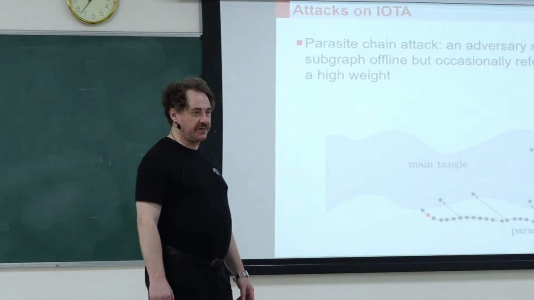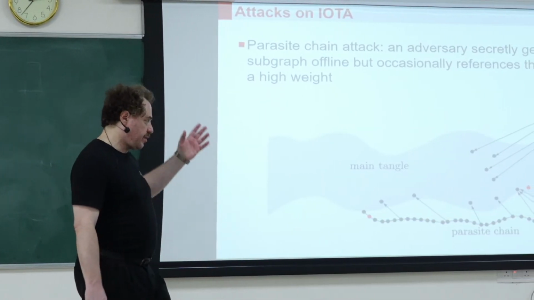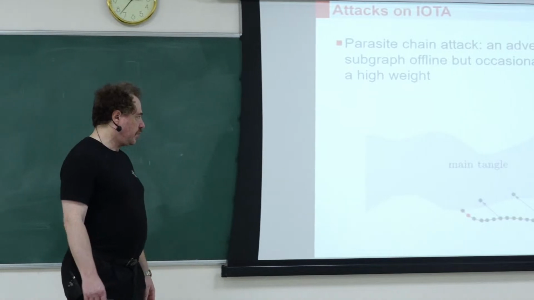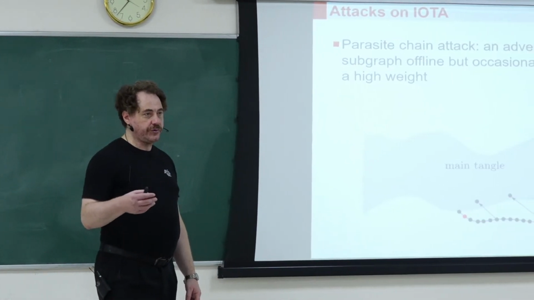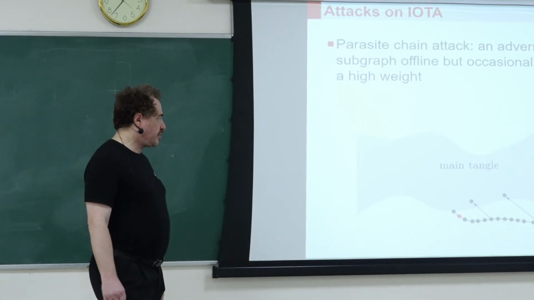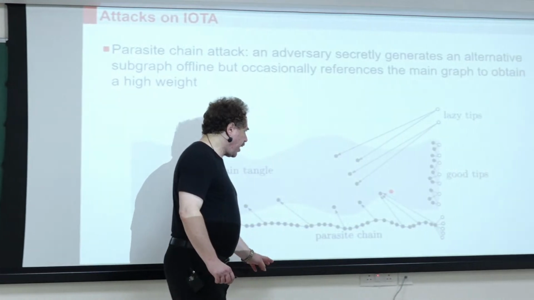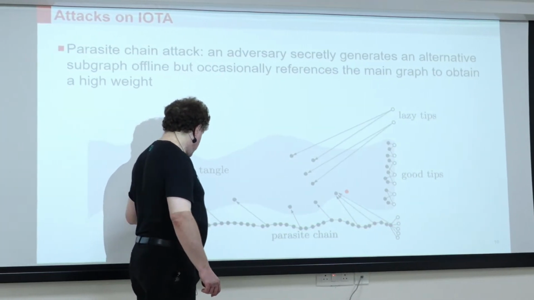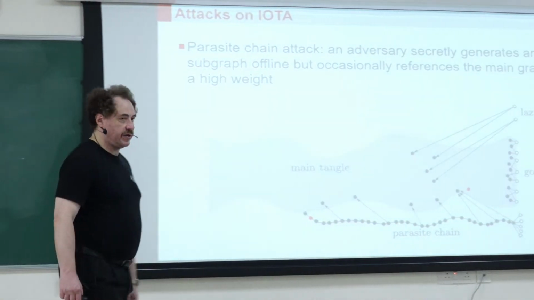So of course, most likely it gets confirmed in the main chain. So the attacker would get some goods or services for that transaction. And at this point, the attacker would release all the vertices in the parasite chain.